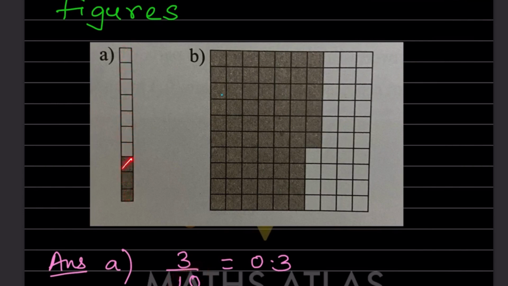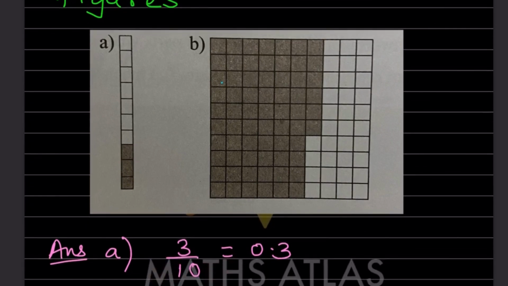Then out of that, how many are shaded? 1, 2, 3. Whatever the shaded part is goes in the numerator. Since this is in decimals, as I told you, you will write the numerator 3 and go backwards by one place, so that will be 0.3.